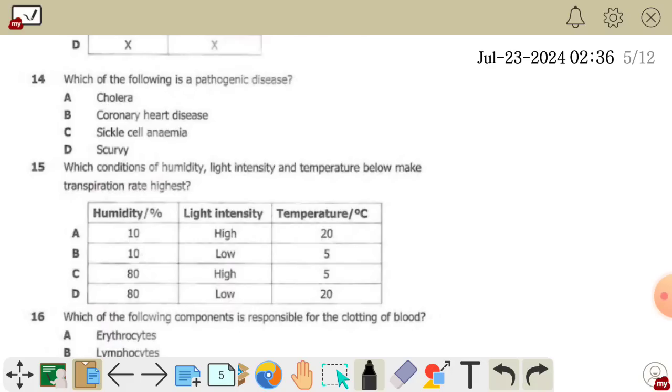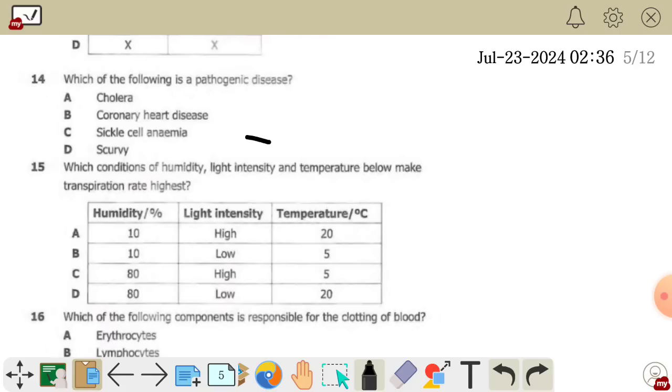Question 15. Which conditions of humidity, light intensity, and temperature below make transpiration rate highest? So for transpiration rate to be highest, humidity, which is water vapor in the atmosphere, should be low.